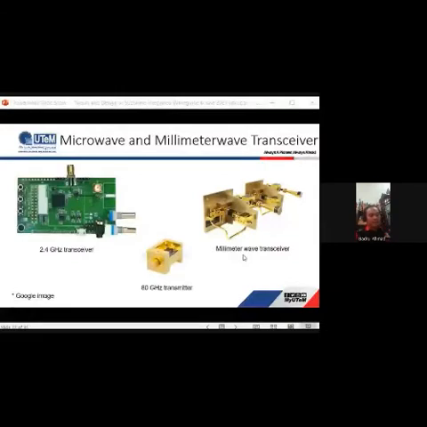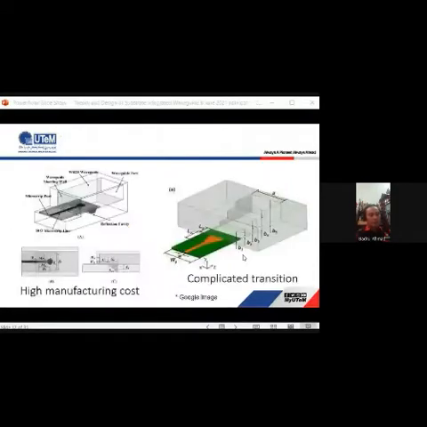Okay, next. What the picture shows us in the slide is basically the typical transition that involves the microstrip and also the 3D waveguide, for example. If you can see, it is very high manufacturing cost and also complicated. It's not easy.